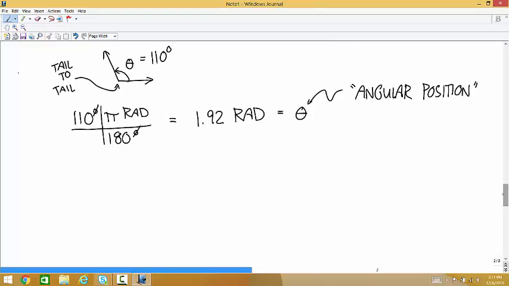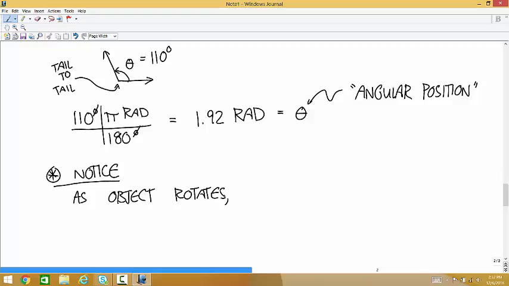One thing to notice about not just angular position, but actually all of the angular quantities is that as an object rotates, all of the particle quantities are different for each point on the body. So let me show how that works.